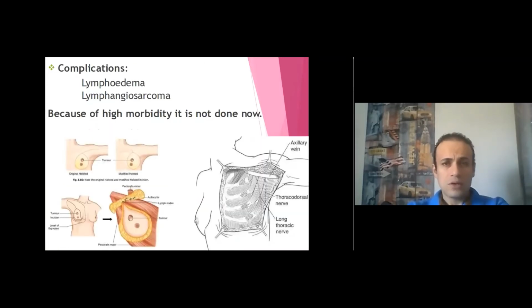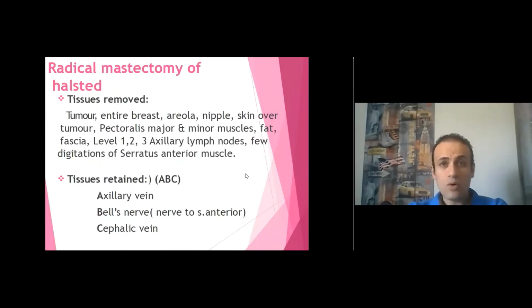We go through the thorax wall and we remove the complete breast glands, nipple, areola. Also, we go through the pectoralis muscle and we remove it completely, major and minor, plus level 1, 2, 3 axillary lymph nodes.